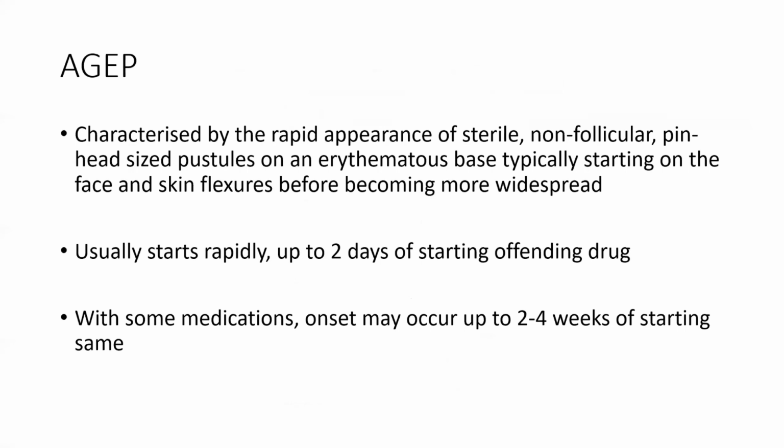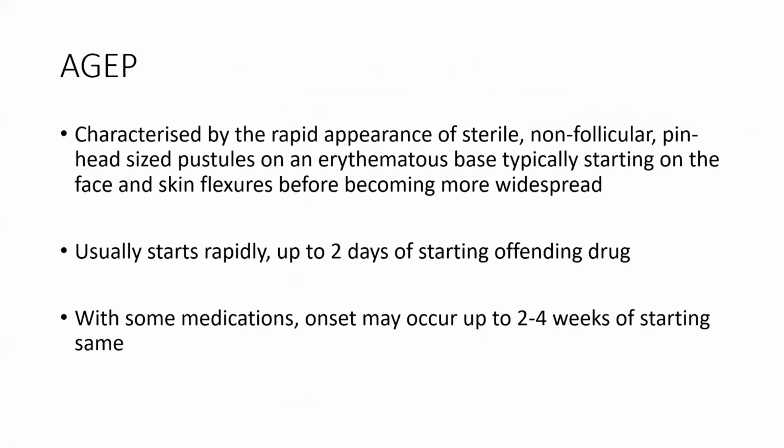AGEP is characterized by the rapid appearance of sterile and non-follicular, meaning it is not around each hair follicle, pinhead-sized pustules on an erythematous base, typically starting on the face and skin flexures before becoming more widespread.